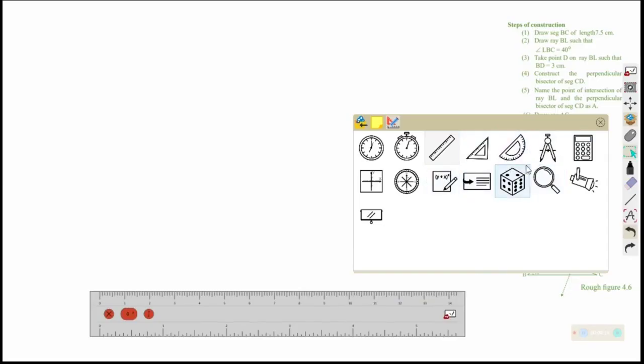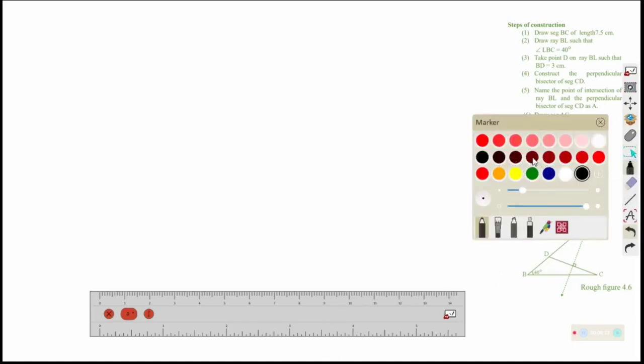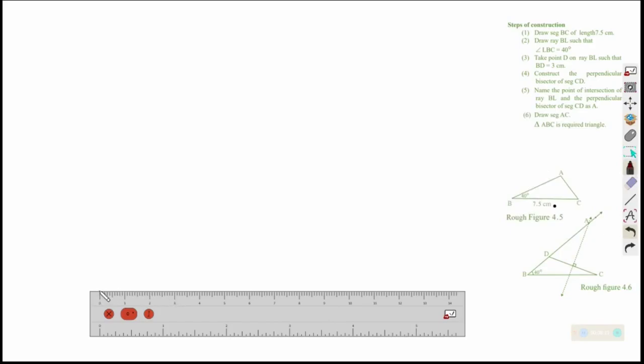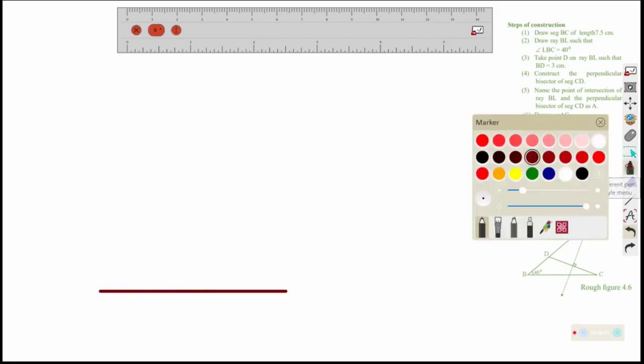Come back, we will draw 7.5 centimeter first. Okay, it is 7.5 centimeter, and I have to write the name of the side as it is given.